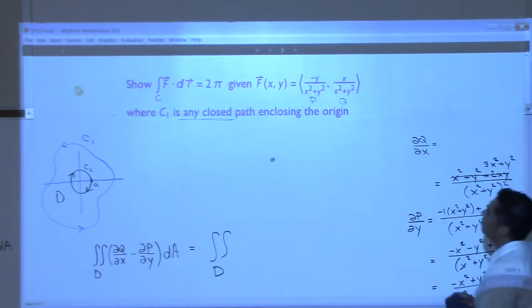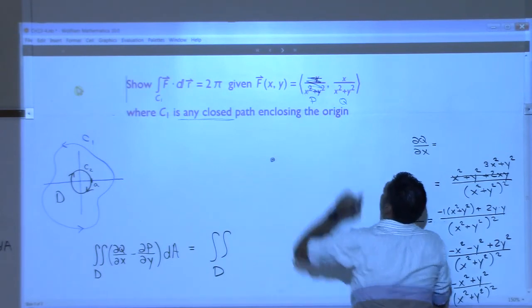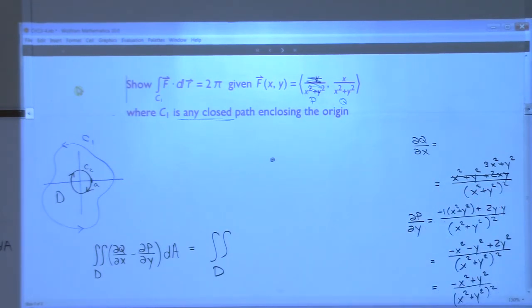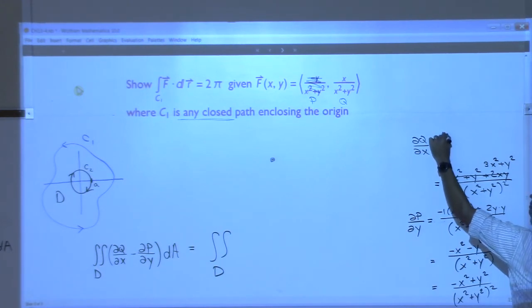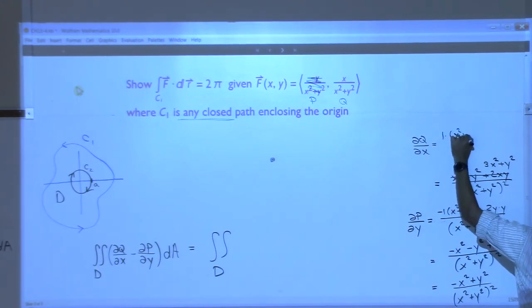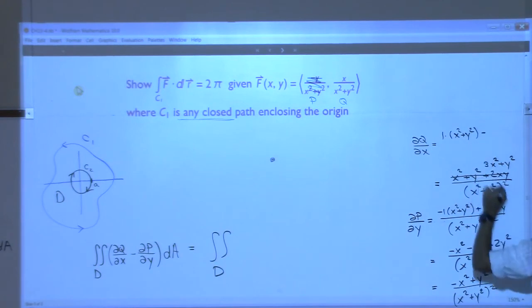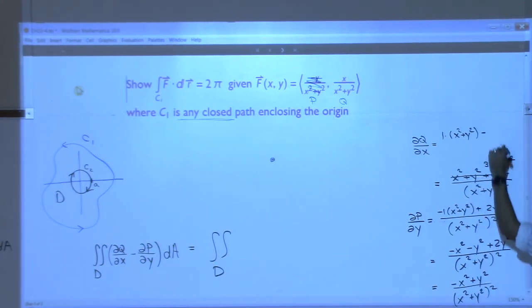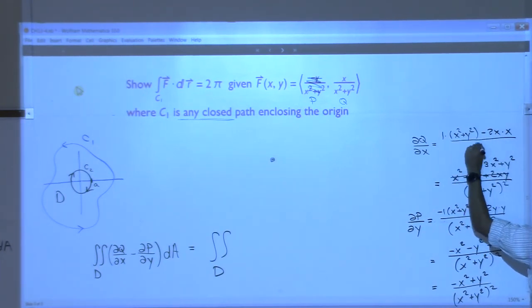The partial of q. Don't look at that, okay? Partial of q with respect to x. So you take the derivative of the top with respect to x, which is 1, times the bottom, minus the derivative of the bottom with respect to x, which is 2x, right? Times the top, which is x, all over the bottom squared.